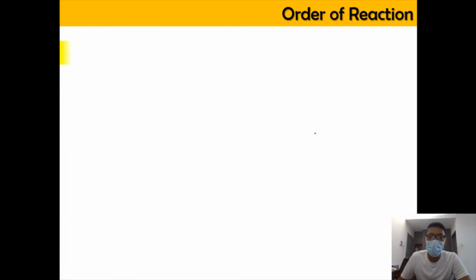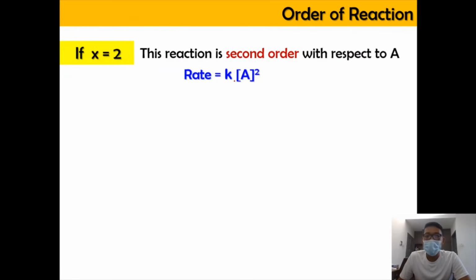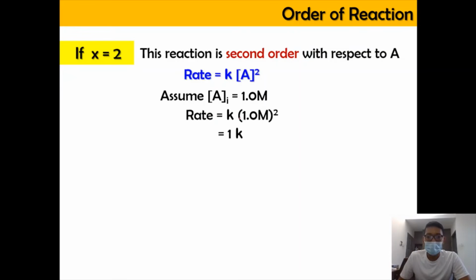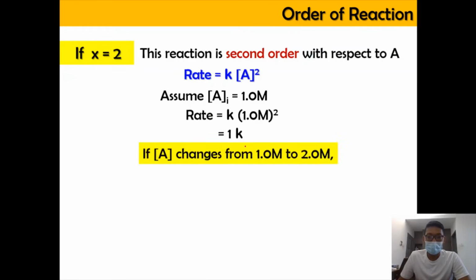Now let us look into the second order reaction, if X is equal to 2. So rate is equal to k[A] to the power of 2, and we know that this reaction is second order with respect to A. So if you were to assume that the concentration of A is 1, the rate that we will get is 1K.